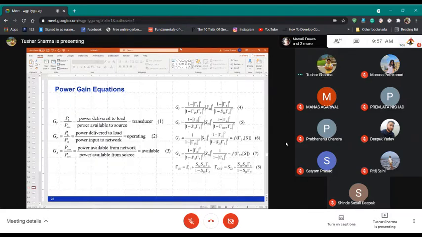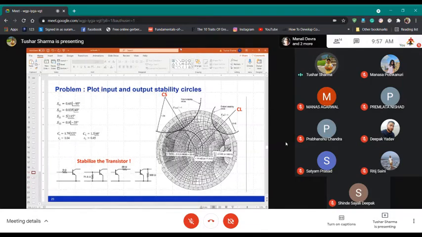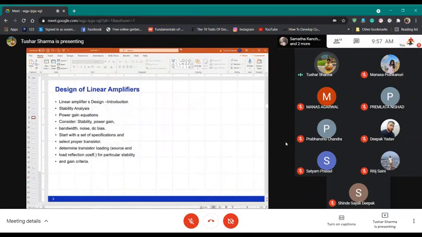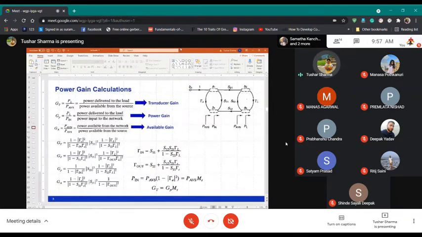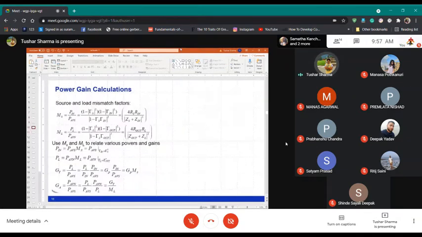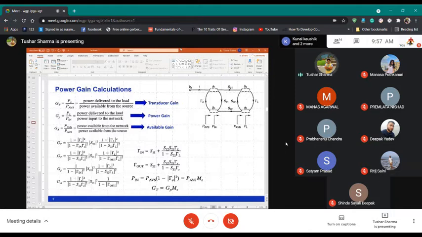Basically, the transducer gain is the power delivered to the load divided by what was at the source, and finally what was actually delivered to the load. That's my transducer gain. Maybe I can show you a picture that will make it more clear. I guess this one, right?